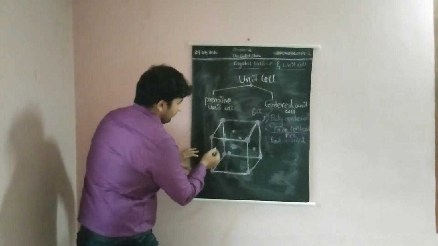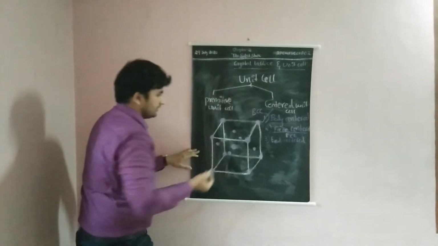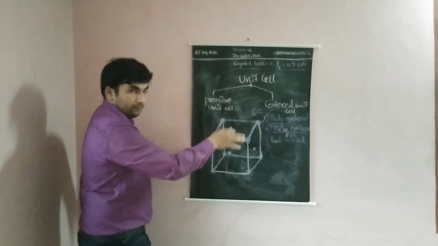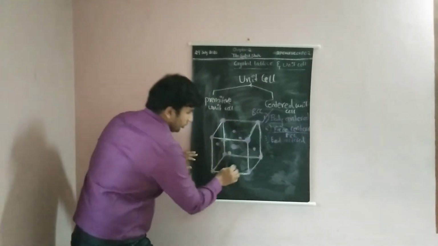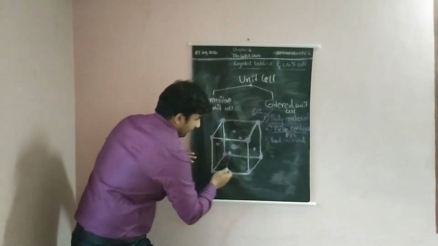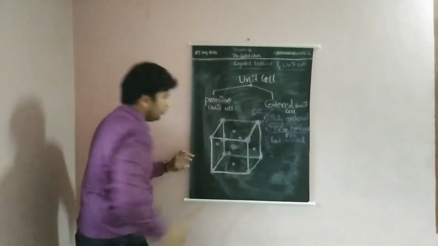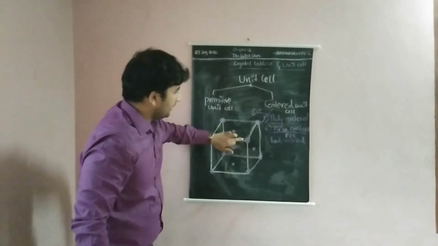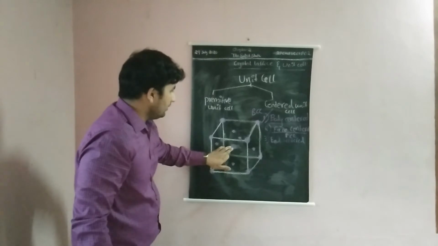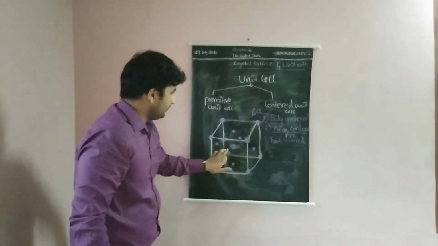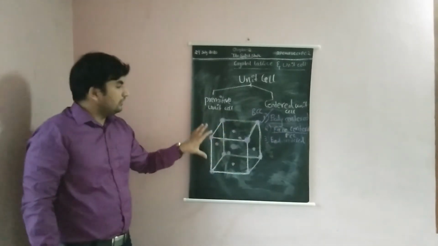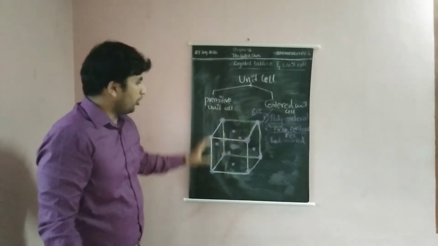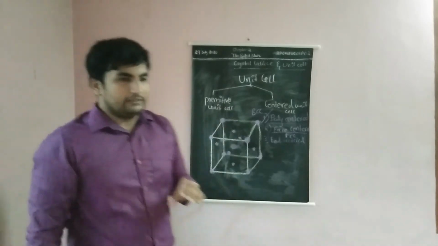And one more is on this face, and one more is below the unit cell. So in total 1, 2, 3 on the upper portion and back side, 4, 5, and the middle face, this one. So a total of 6 constituent particles are present along with the corner constituent particles.